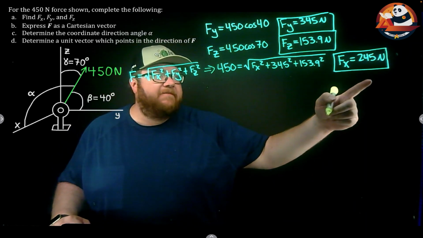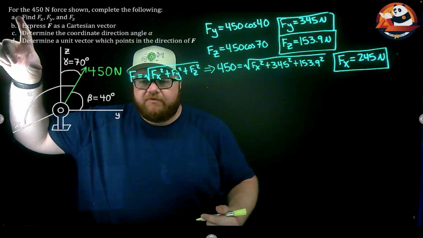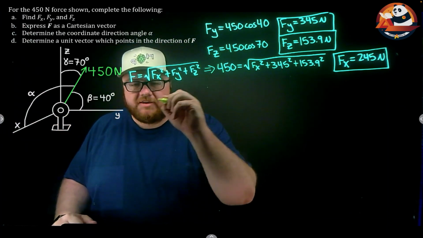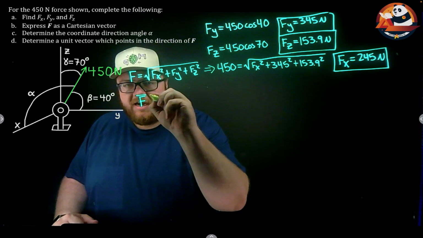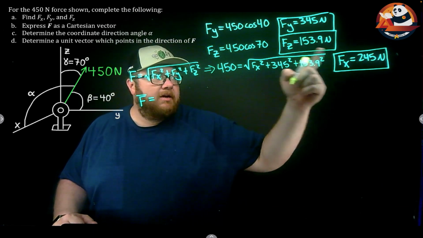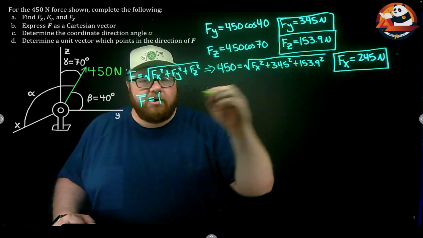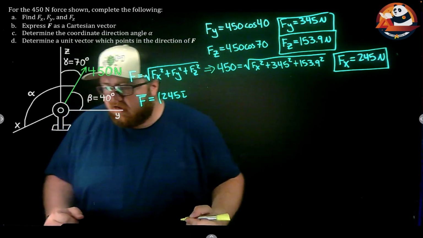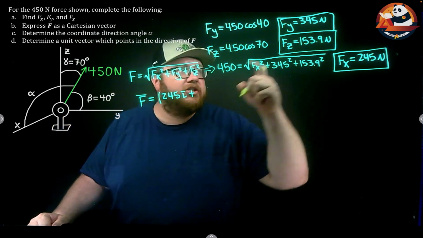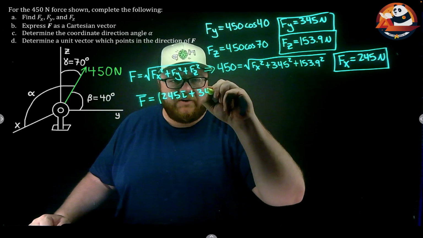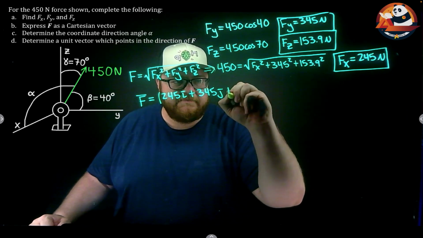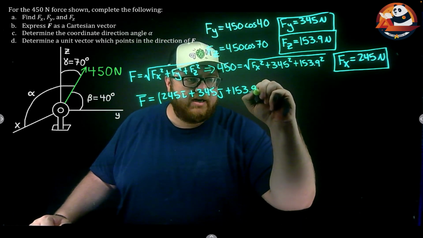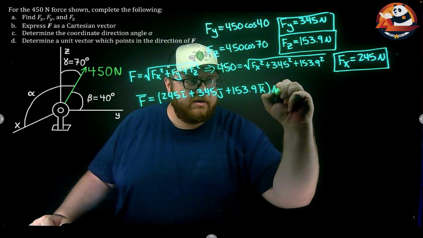If I know Fx, that actually takes care of all of part A for us. I have Fx, Fy, Fz. I also now have enough that I can get F as a Cartesian vector. My force as a Cartesian vector should be my x component. I'll pull the newtons out, but 245 i plus my y component in the j direction, plus 345 j plus my z component, 153.9 k newtons.